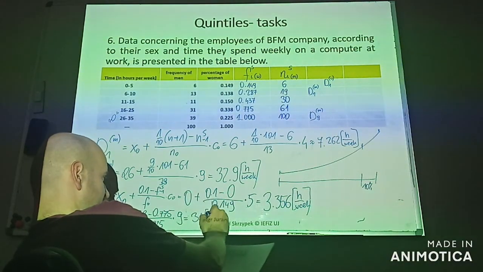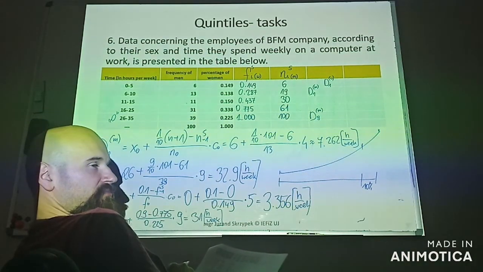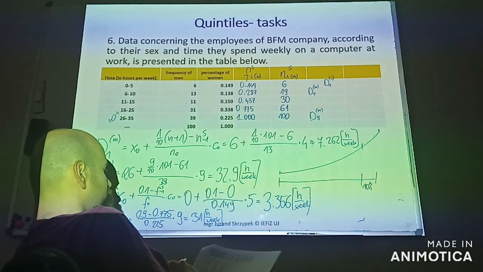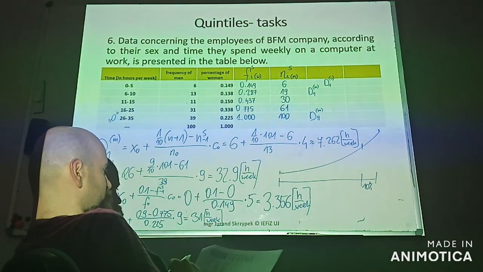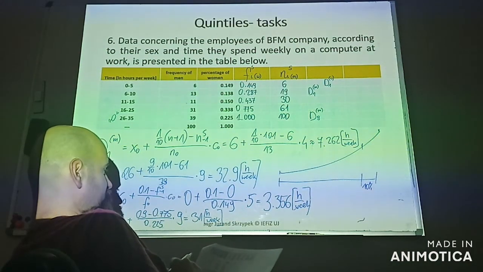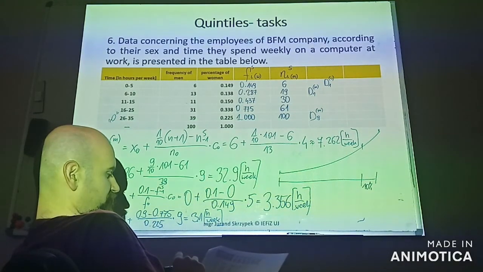31 hours per week. So in this extreme group of 10% of women, this woman spent time in front of the computer which is not lower than 31 hours per week.